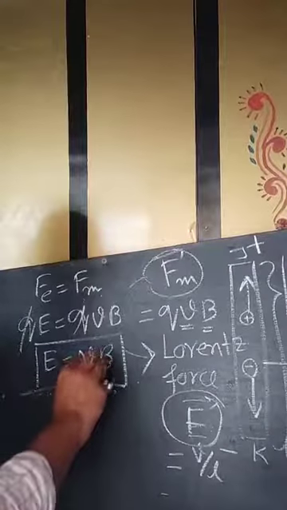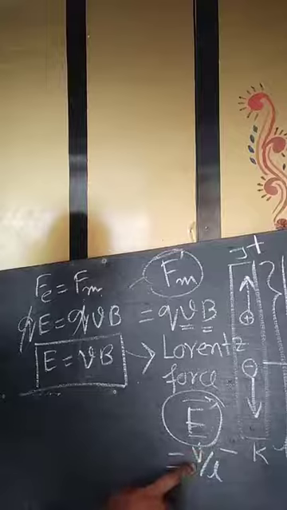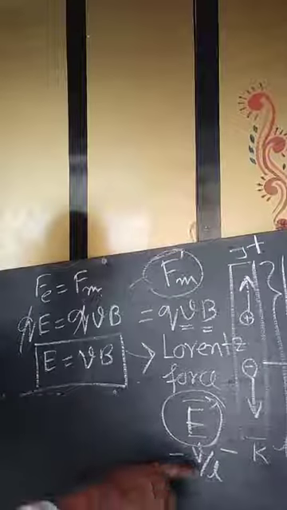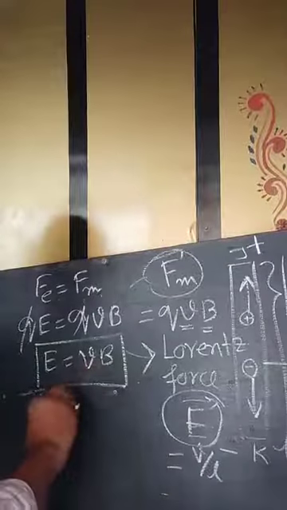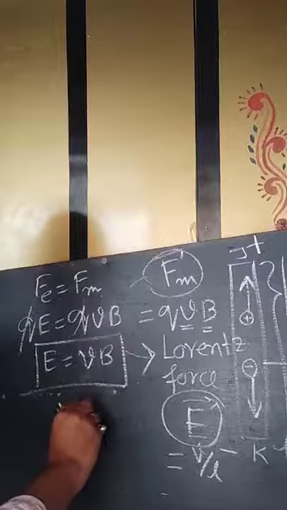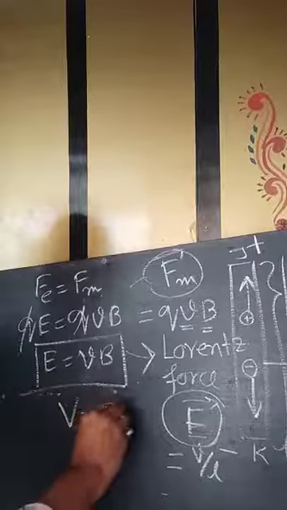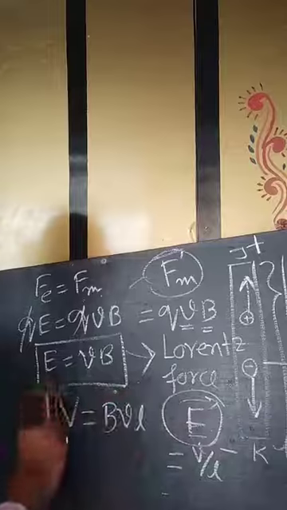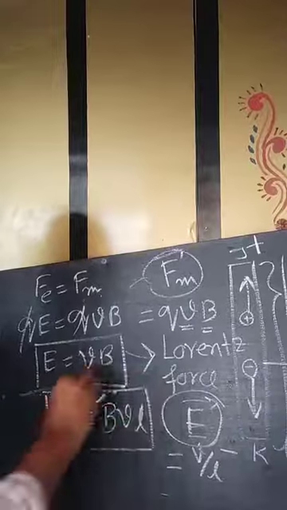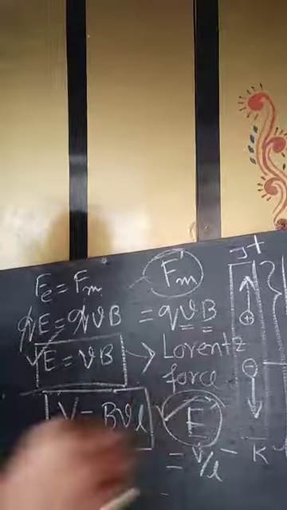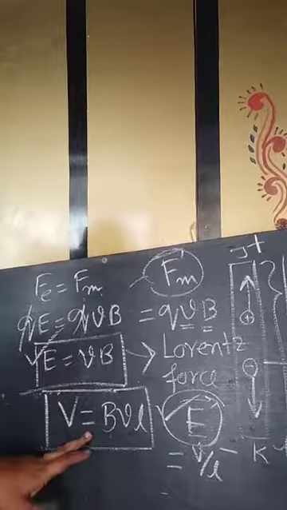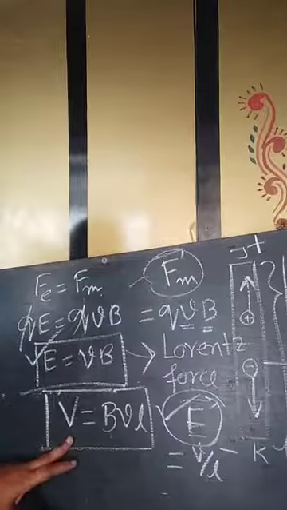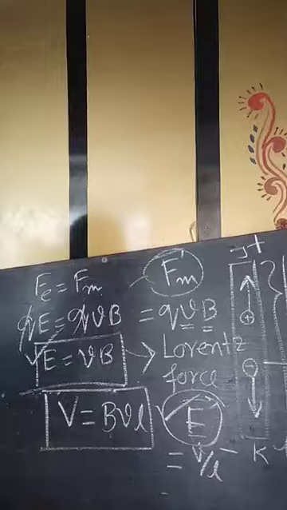Please be careful, this is the small v and this is the capital V. This is potential and this is velocity. So capital V will be basically B small v L, right? Comparing these two equations, okay, this V is denoted as the motional EMF.